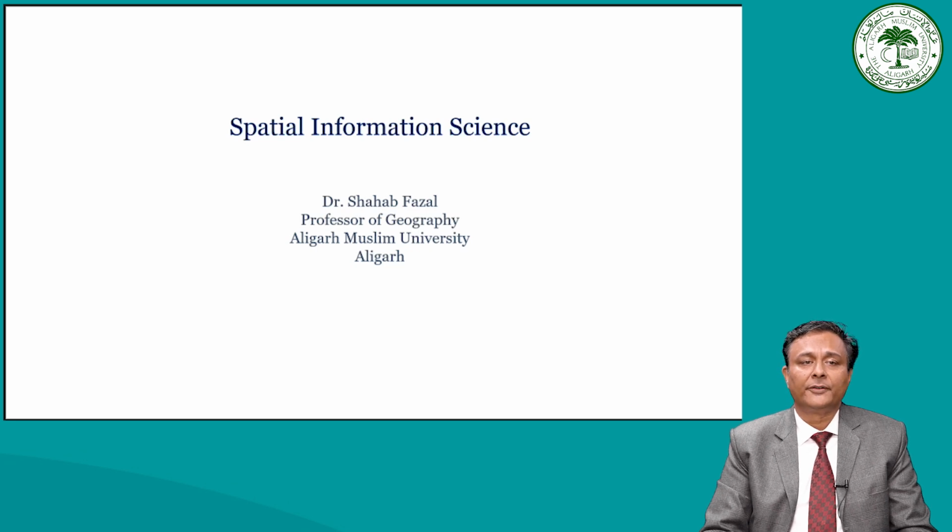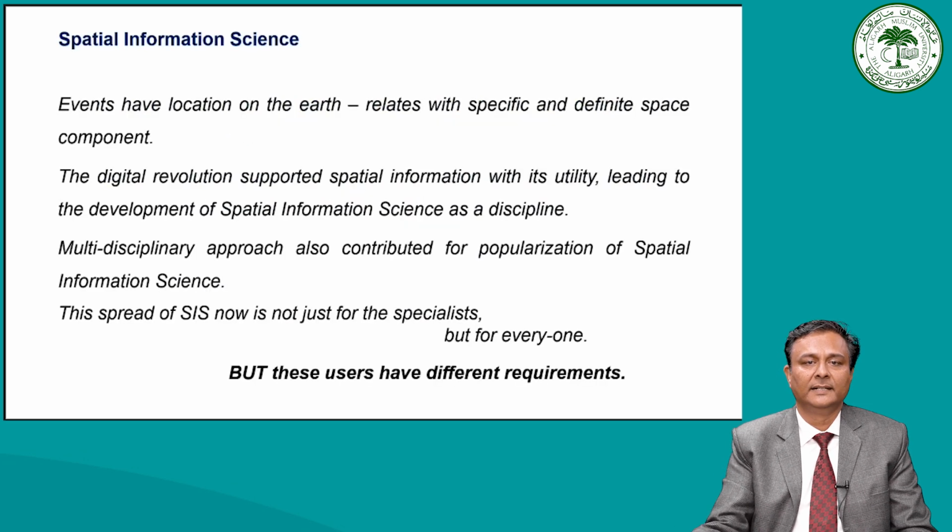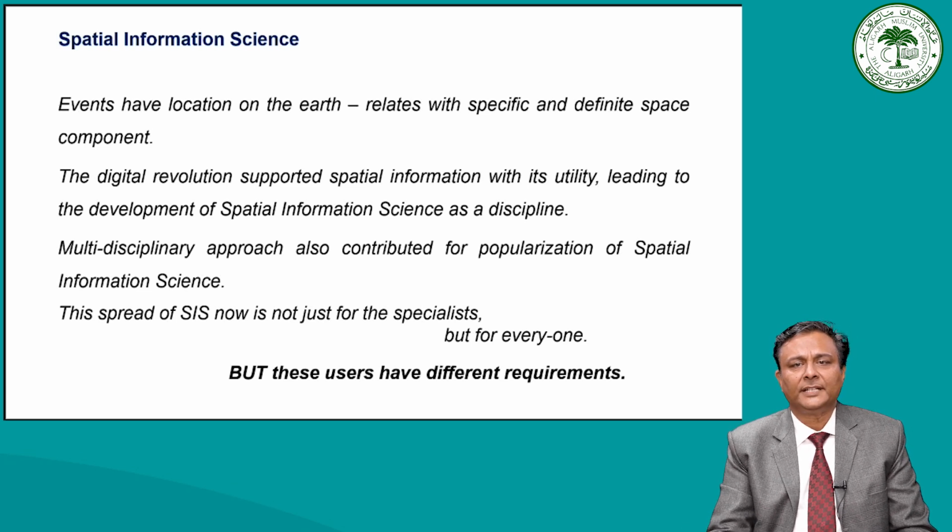I would be trying to highlight the basic conceptual framework of spatial information science. It's a simple fact that everything human beings do takes place over some specific location on the earth, so it relates to a space component. There is no denial of it.